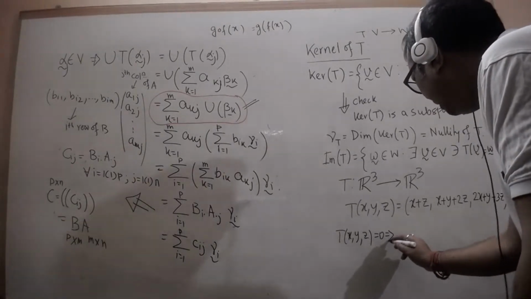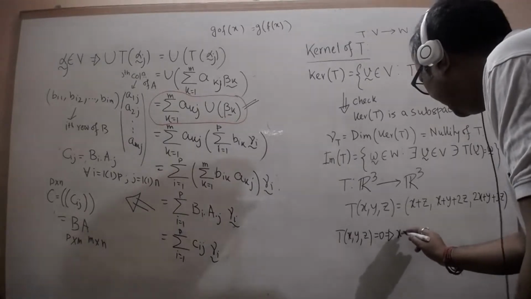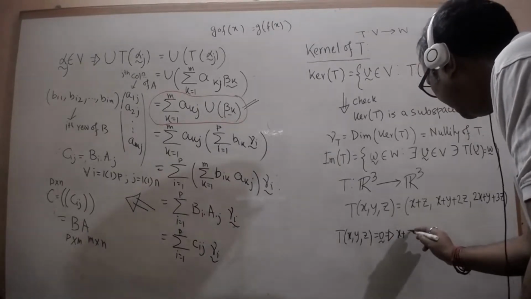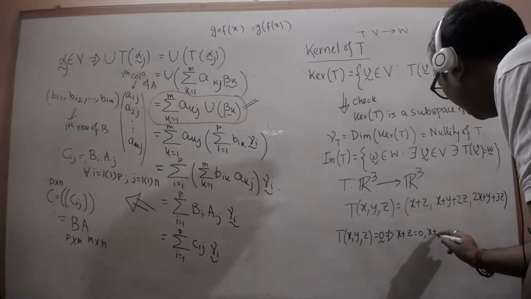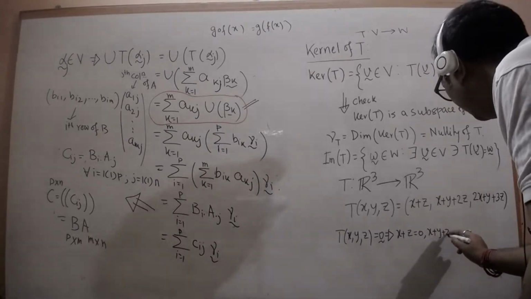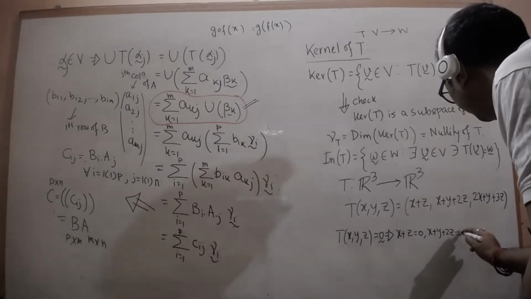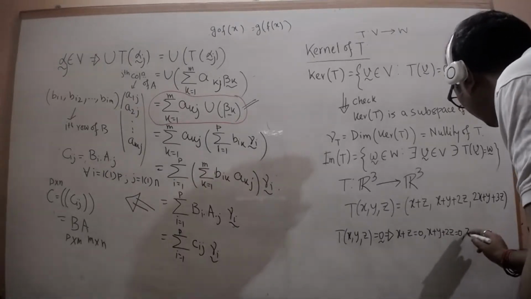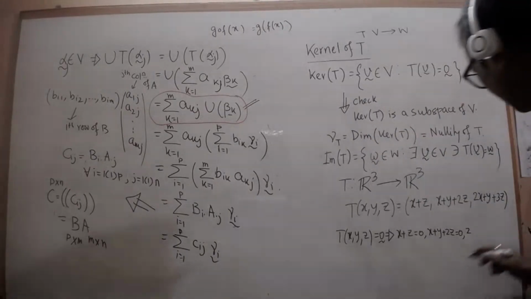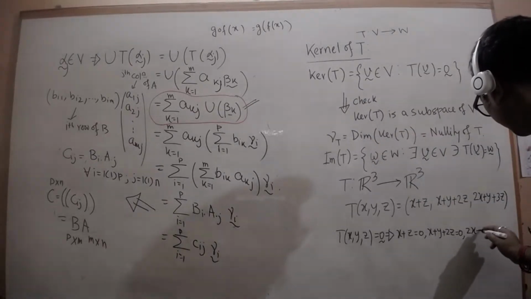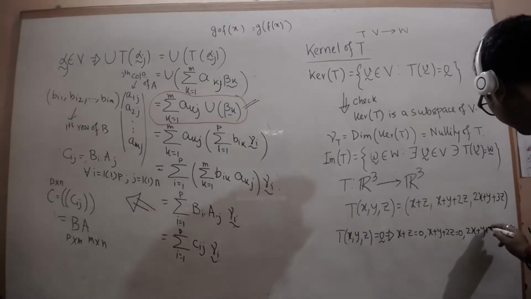This implies X plus Z equals 0, X plus Y plus 2Z equals 0, and 2X plus Y plus 3Z equals 0.